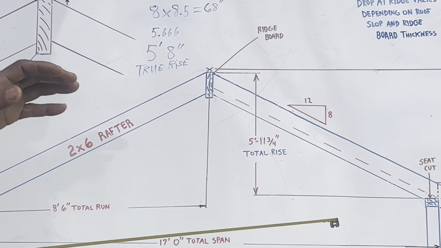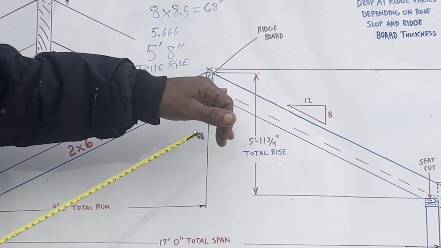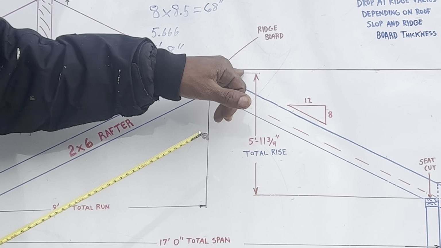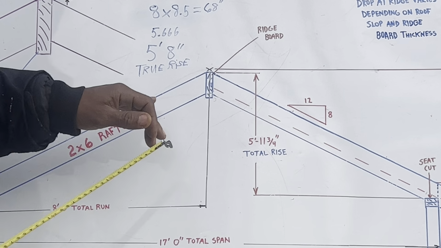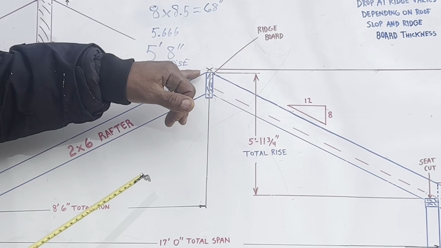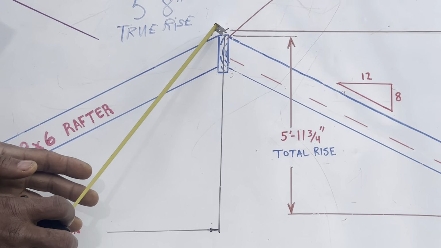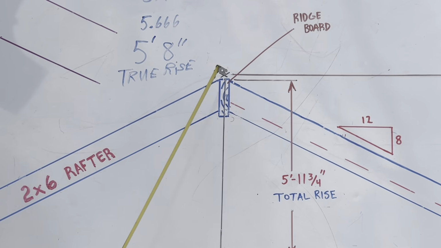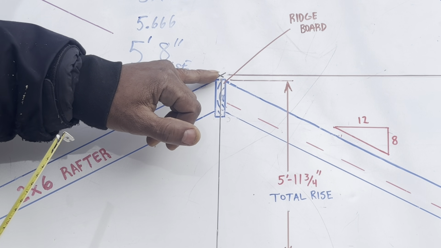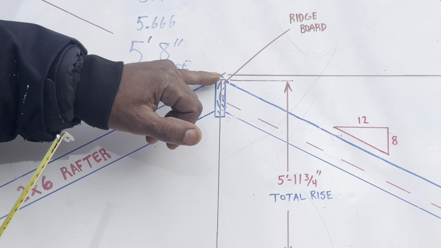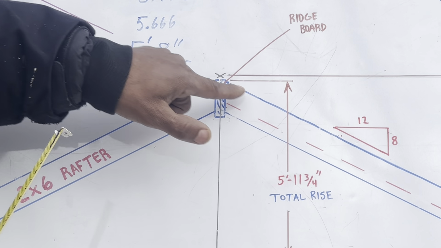Now, let's talk about the drop at ridge. That's the second line. You're gonna have to drop your ridge, because if my ridge board was right here at the intersection of this X, then it's gonna be sticking up above the plane of my rafters.